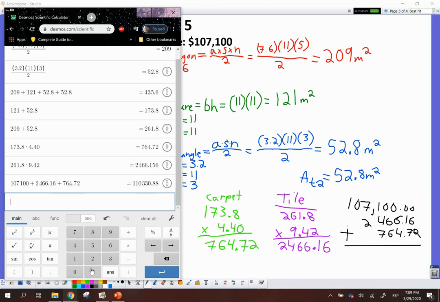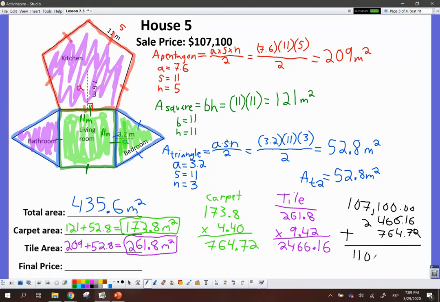I add those together, and it's 110,330 with 88 cents. So that's pretty expensive. But in our day, that's actually a pretty cheap house. So it's actually a pretty good deal. 110,330 with 88 cents. And so that's our final price, and we're done.